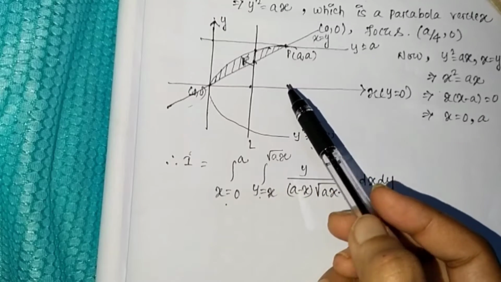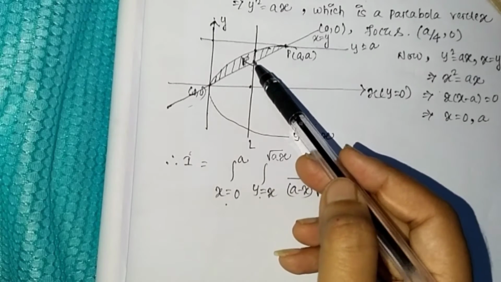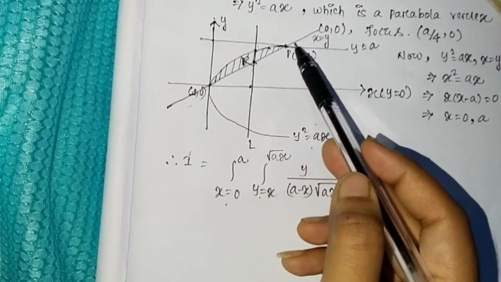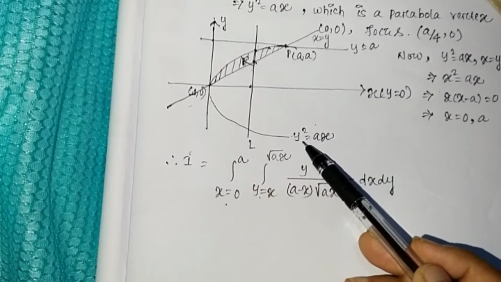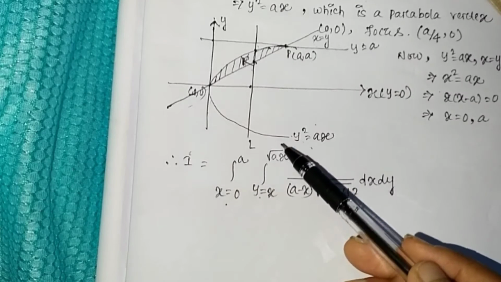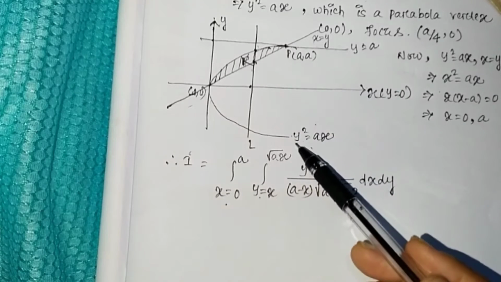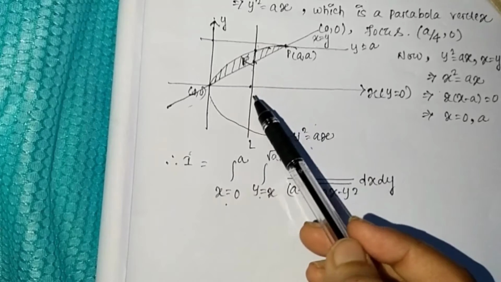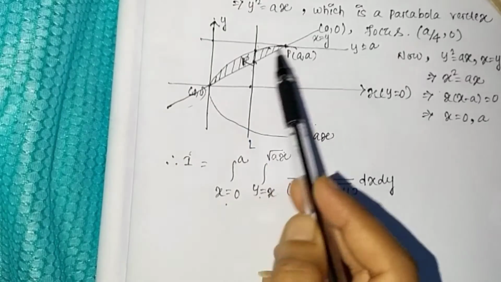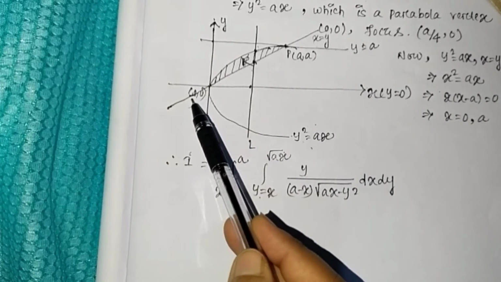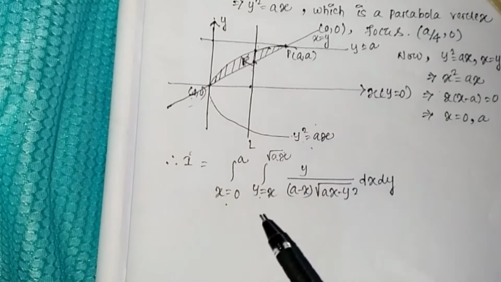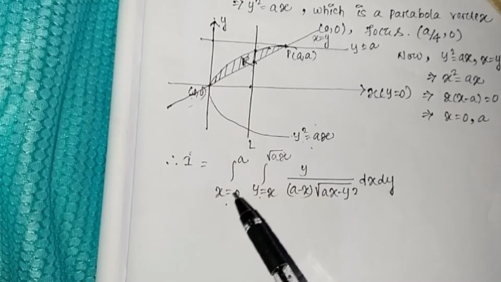Here our y limit is from this to this. So y is from x to the parabola, that is y equal to root of ax. So y is from x to root of ax, and x is from 0 to a.